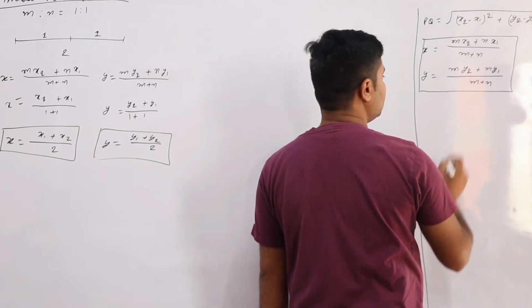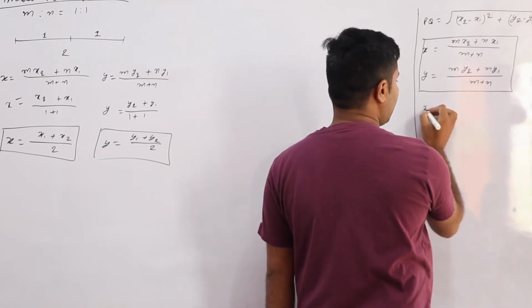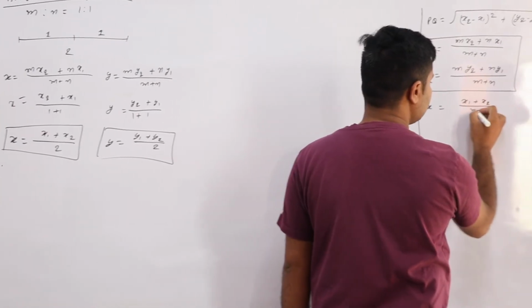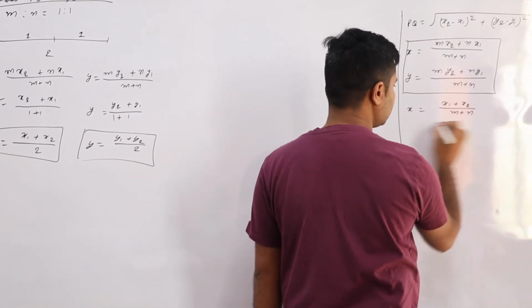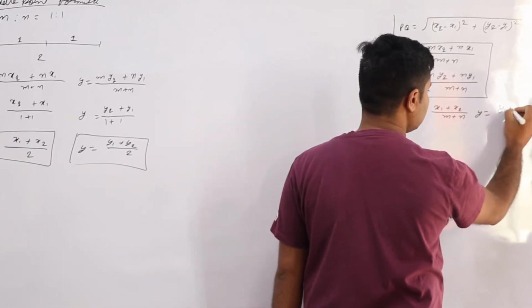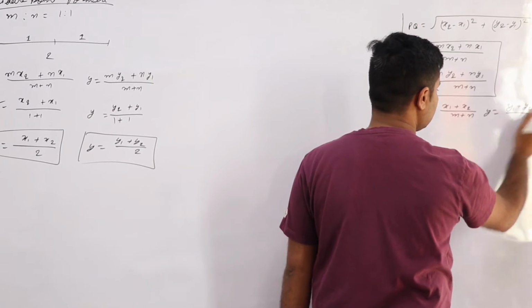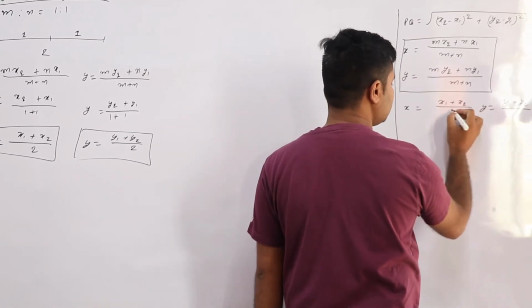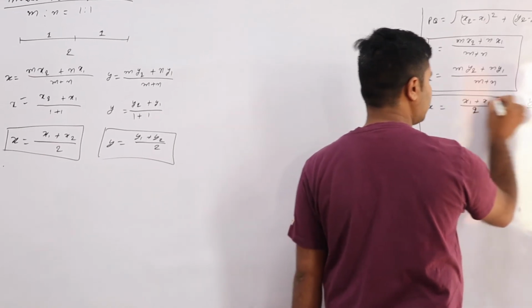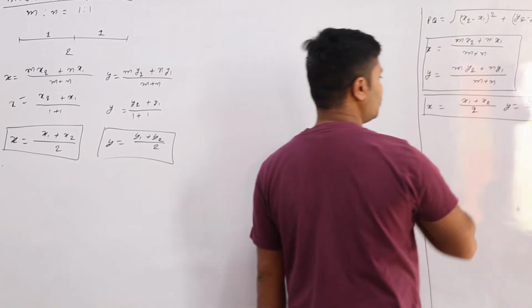Now the midpoint formula: x is equal to x1 plus x2 by 2, and y is equal to y1 plus y2, here m plus n is directly 2, right?